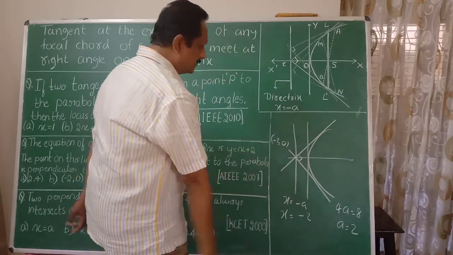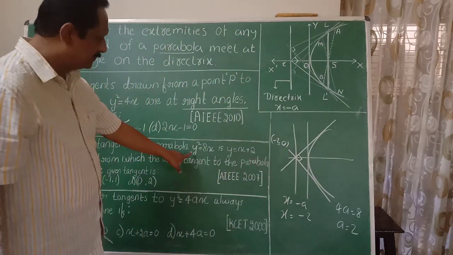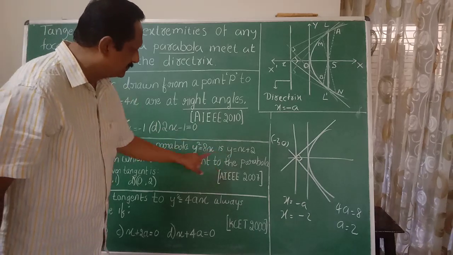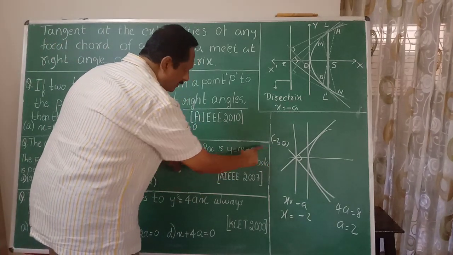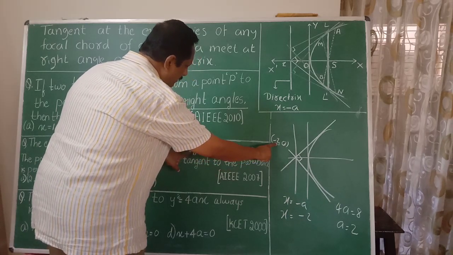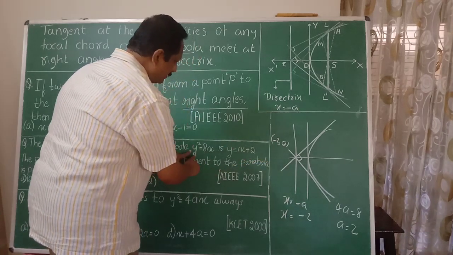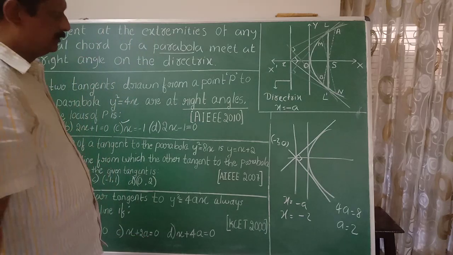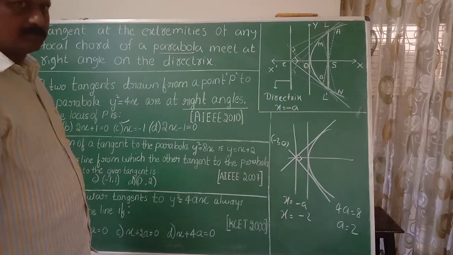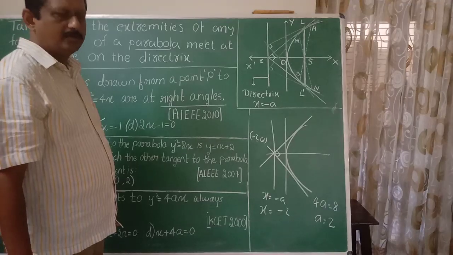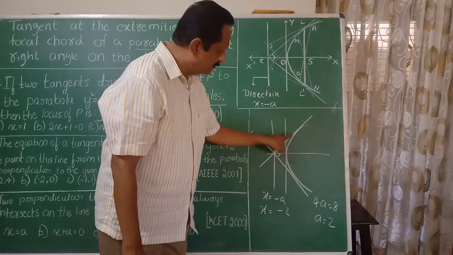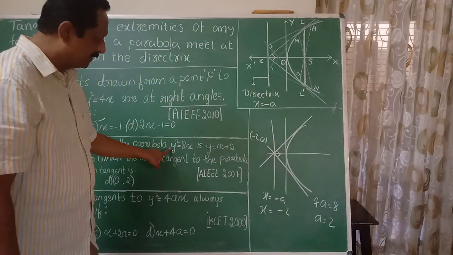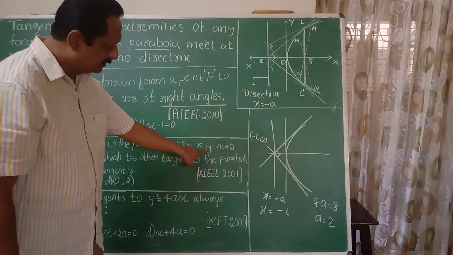So this point satisfies both the parabola as well as the tangent. Sorry, minus 2, 0 does not lie on the parabola, so you do not substitute in the parabola, just substitute here.